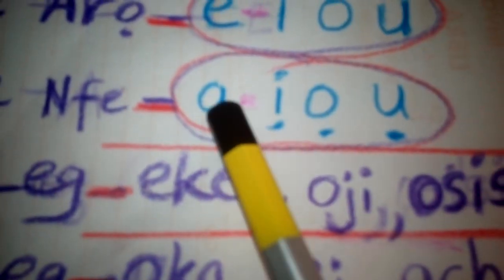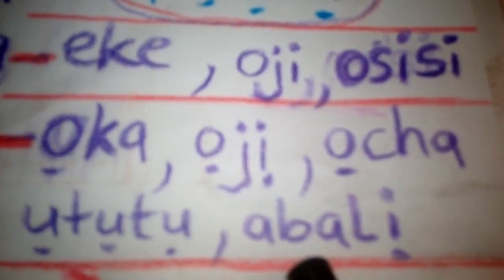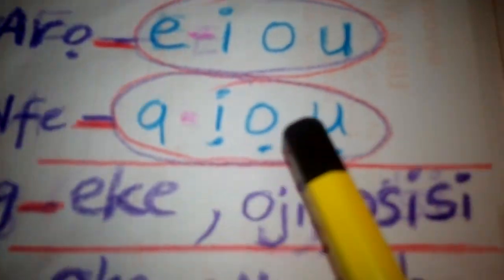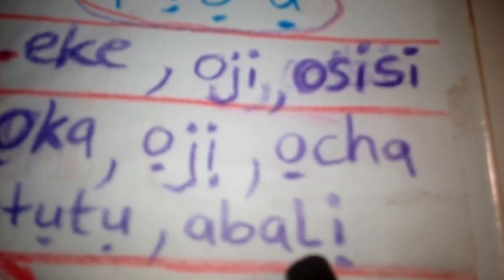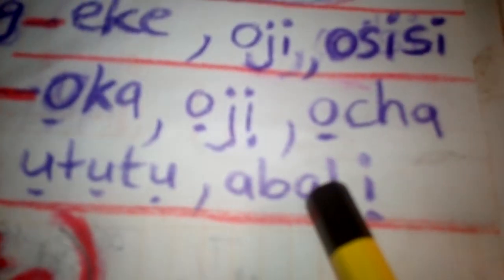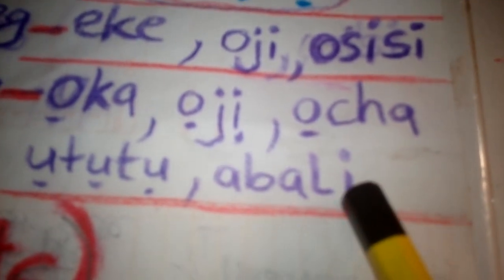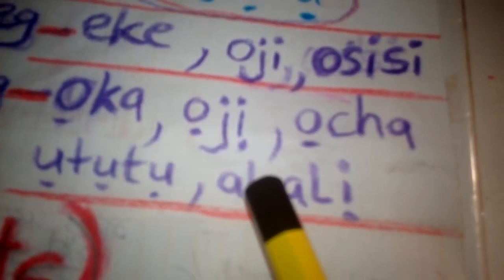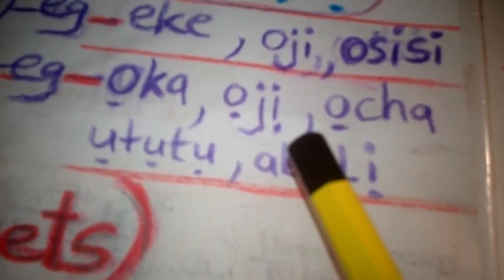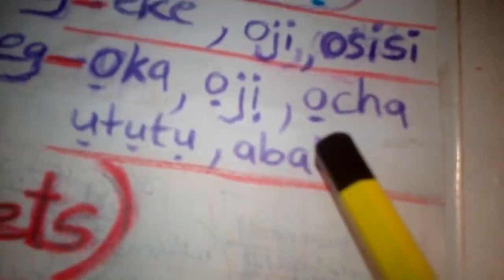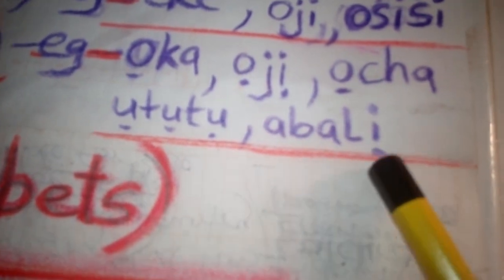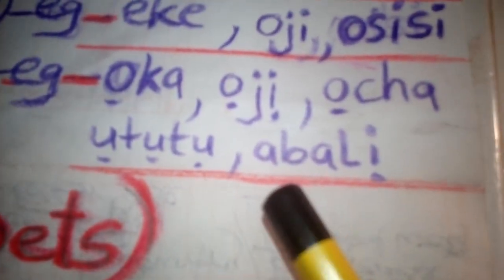A belongs to this group. B is a consonant. A belongs to this group. L is a consonant. You can use consonant, vowel, consonant, vowel, or vowel, consonant, vowel, like that. So that's how to write Igbo language, and that's how to pronounce them.